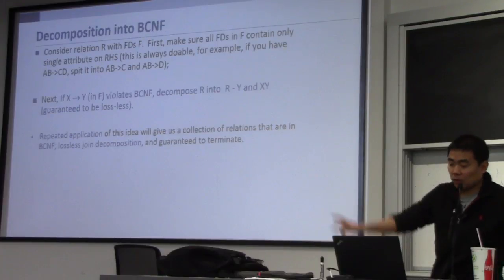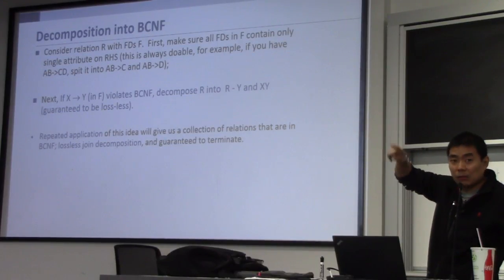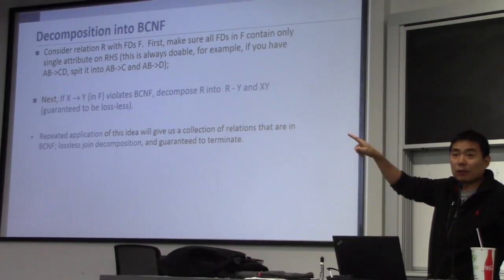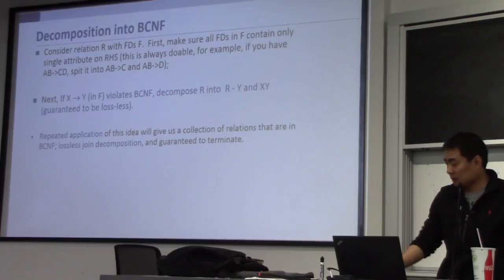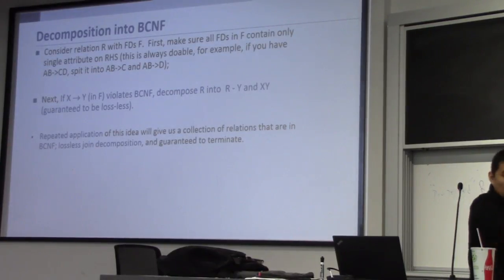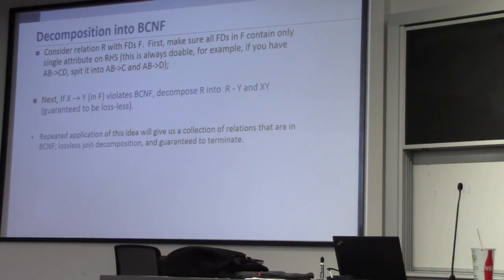Now, if you follow this simple algorithm, it says whenever you find such a dependency that has violated the BCNF requirement, decompose the schema with regard to that functional dependency. And we have found such a one.